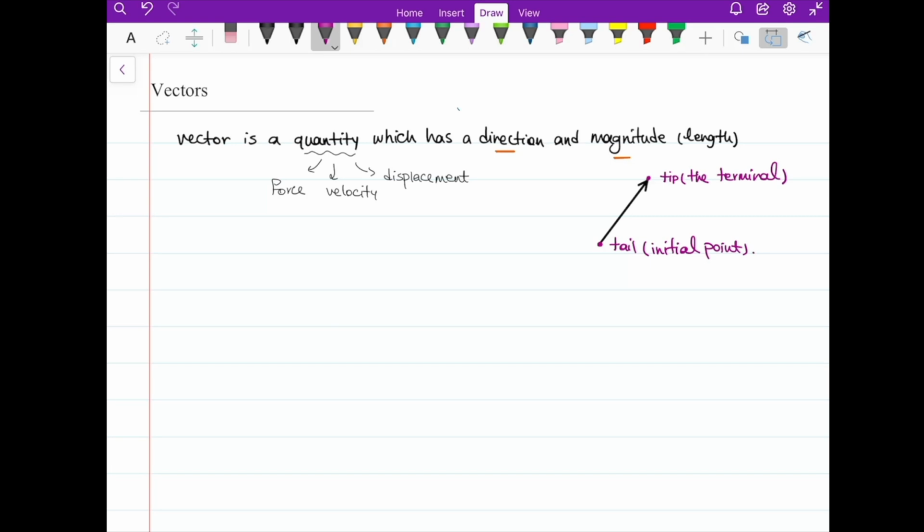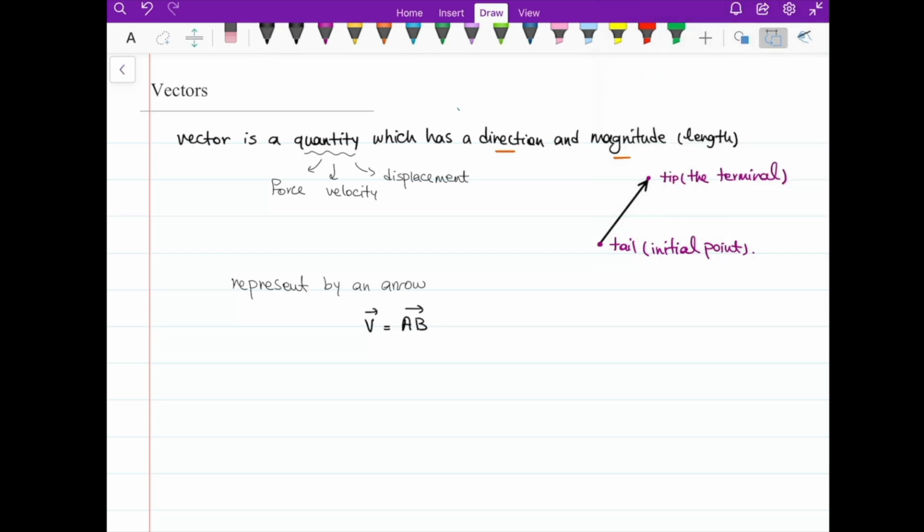We represent vectors by an arrow in math books. So we're gonna show it like that. For example, the vector v with an arrow on top, or we show it by AB.